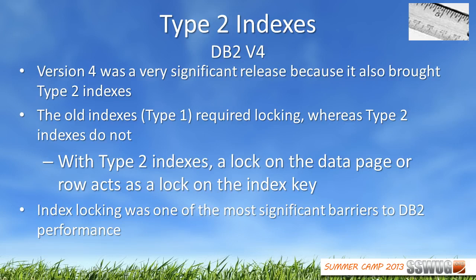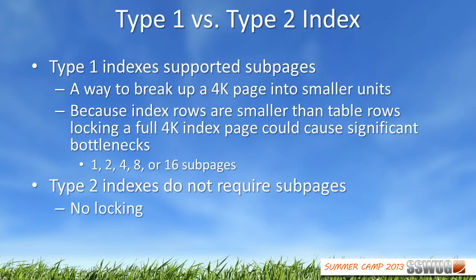Now, if you never used DB2 prior to version 4, then you probably don't even think about index locking, because with the new Type 2 index, which is the only index supported nowadays, when you lock the data page or the row, it also locks the index key. So, because locks aren't required on index pages, contention due to index locking gets eliminated. Generally, performance of your applications significantly improved as a result of the Type 2 index.